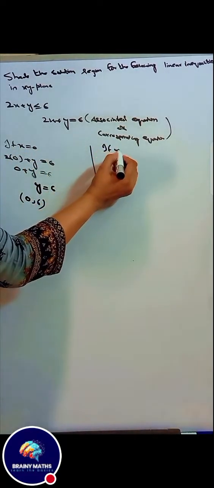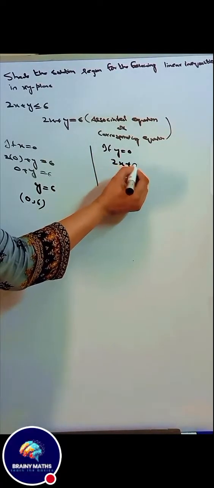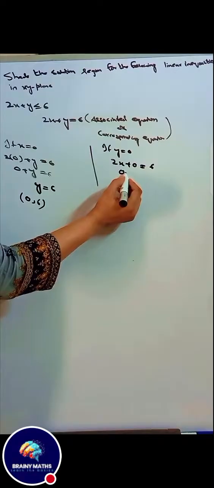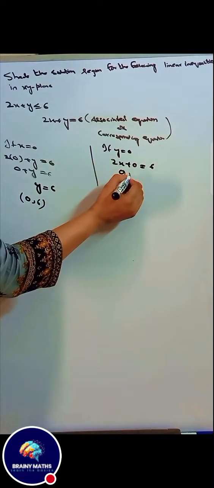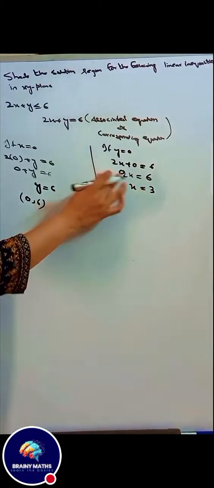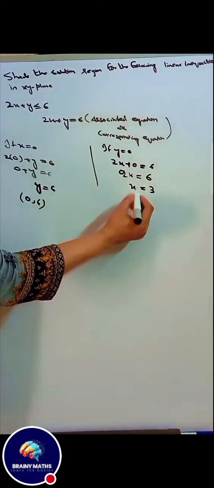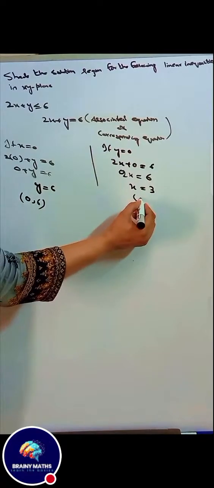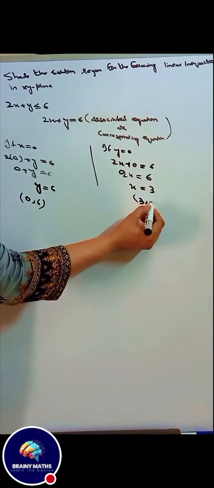Now next, if y equal to 0, then what will happen? So 2x plus 0 equal to 6. 2x will remain the same, equal to 6, x equals 6 divided by 2, which is 3. So, if y equal to 0, then x equals 3. Now we get 2 ordered pairs, (0, 6) and (3, 0).